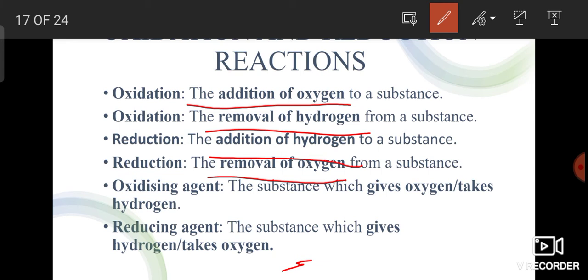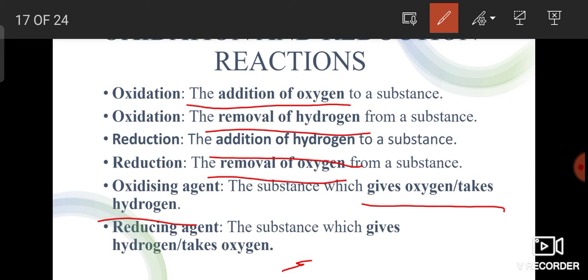Now what is an oxidizing agent? Oxidizing agent is that substance which gives oxygen for oxidation. If you have oxygen and you are going to give oxygen to the other substance for it to be oxidized, then it is an oxidizing agent. So the substance which gives oxygen or which takes hydrogen, okay, either you can give oxygen or you can take hydrogen.